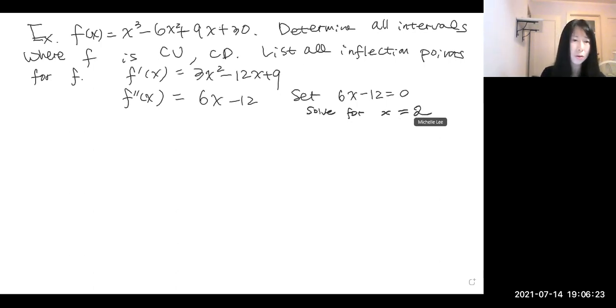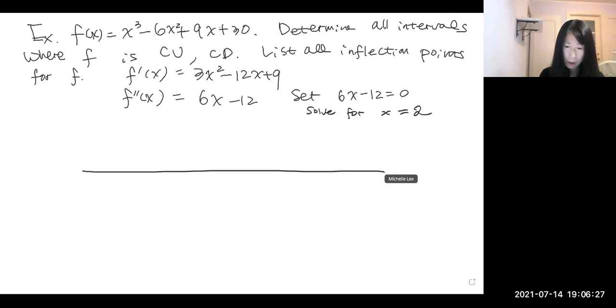Then we do a sign analysis. So we have a 2 here. What do we want to pick before 2? 1. 0 is always easy, but 1, yes.